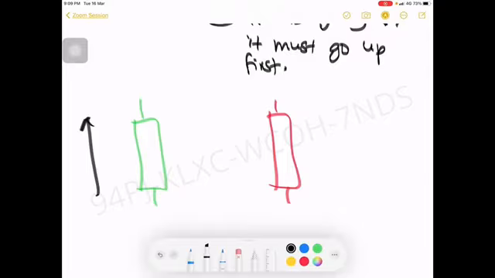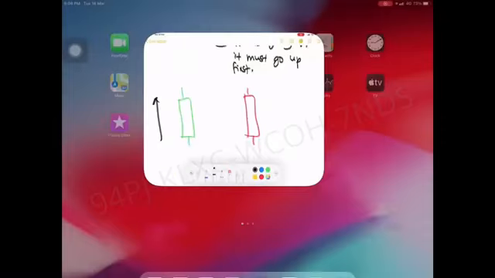So these are the rules. There are only two rules for a candlestick. Is it correct?